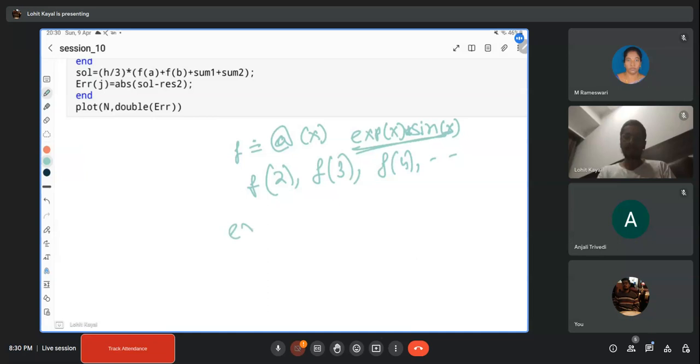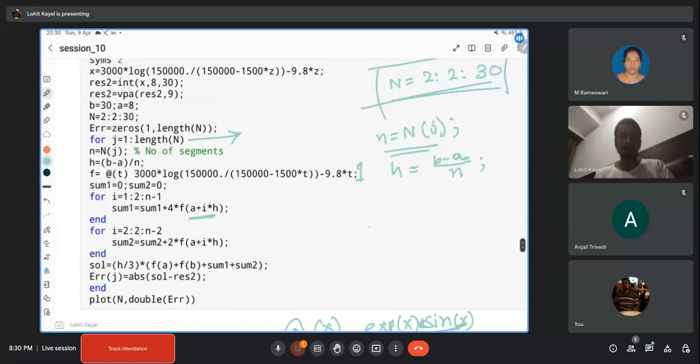It will give me exp2 into sine 2, exp3 into sine 3, this kind of answer. So I have used a shorthand notation of the function just to write these expressions. Otherwise this is not necessary.